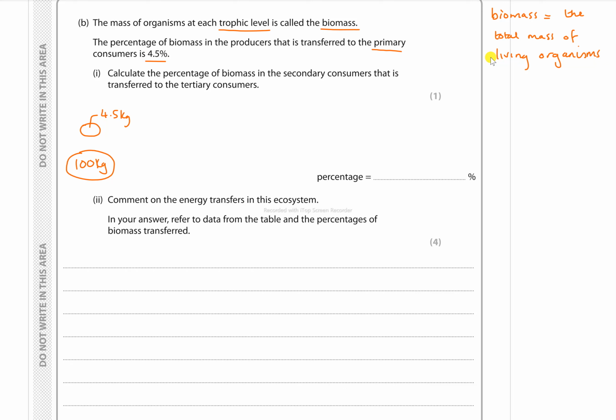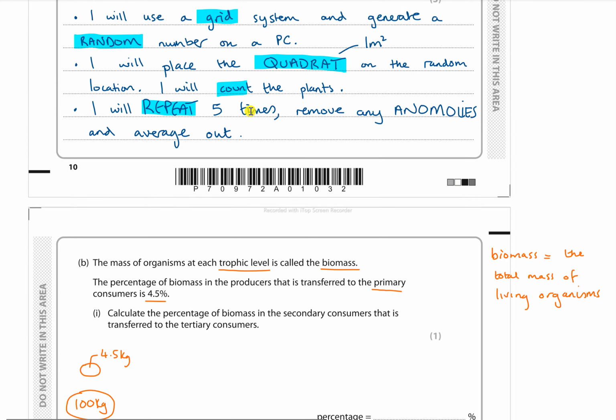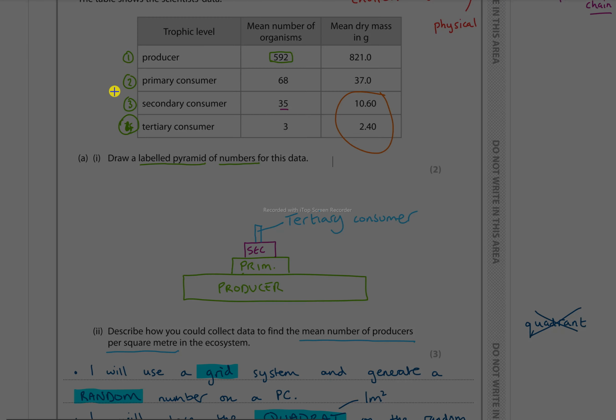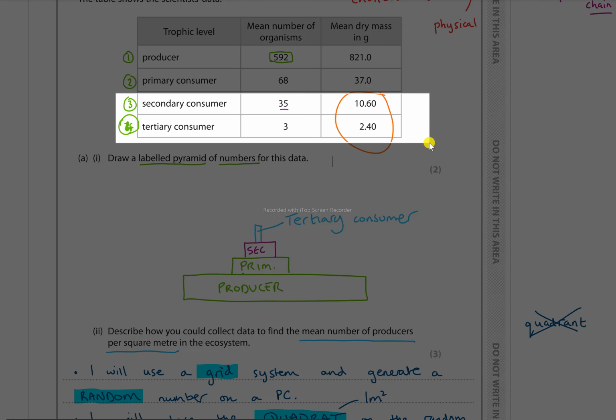So we calculate the percentage of biomass transferred from the secondary consumers to the tertiary consumers. Where are the calculations? It's these two numbers we're interested in. Let's take a copy of that.